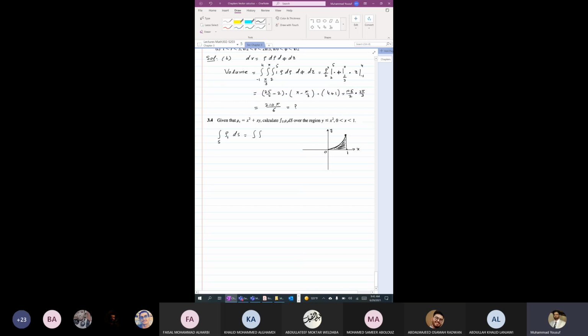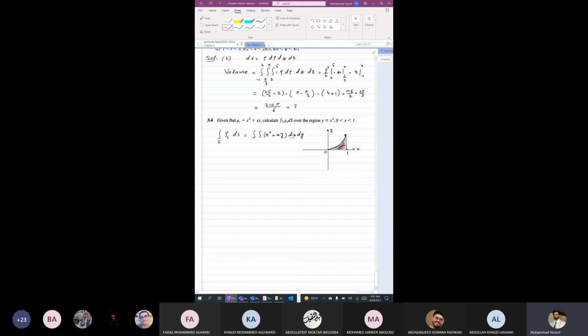Now rho s is x squared plus xy. Now ds, this is in the xy coordinate system, and in the xy coordinate system the area element is dx dy. Now look here very carefully, Shabab. If you write dx first, then make a line parallel to the x-axis.